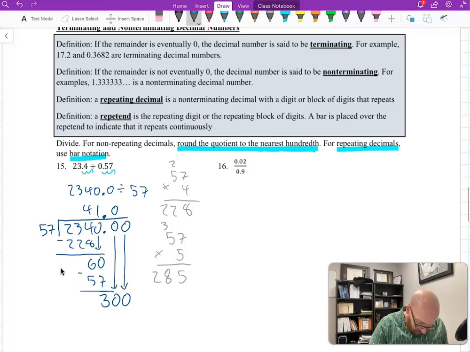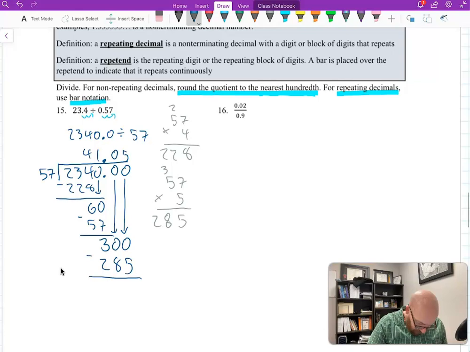So 57 will go into 300 5 times. 5 times 57 is 285. We'll have a difference of 15. We're going to add another 0, and we'll bring it down.